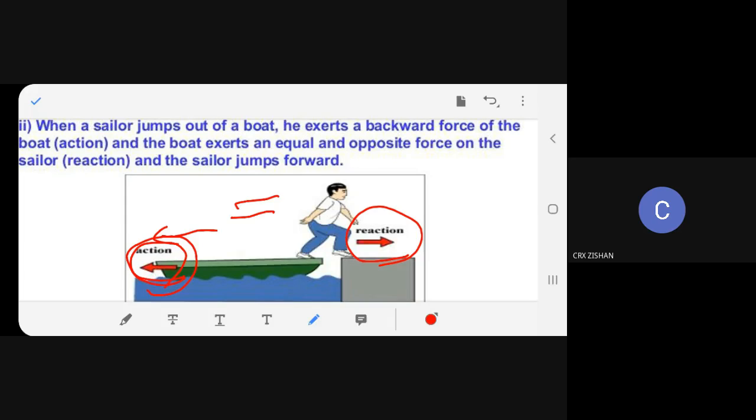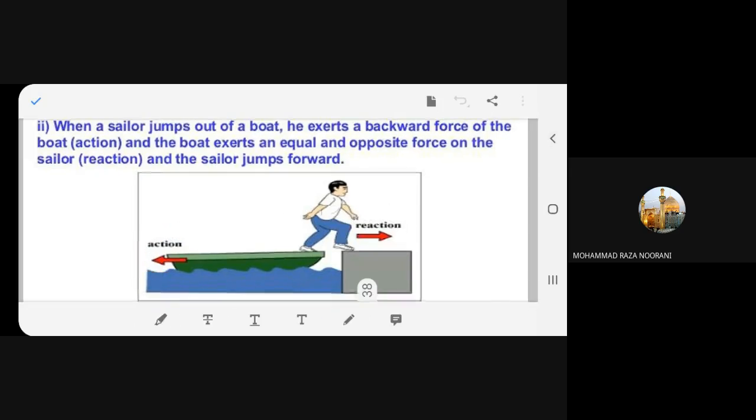Because unless he does the action, he cannot react. He cannot move out of the boat. Till the boat goes backward, he cannot jump onto the land. Do you understand? So that moving of the boat is giving him the momentum to jump. Remember that. Got it?